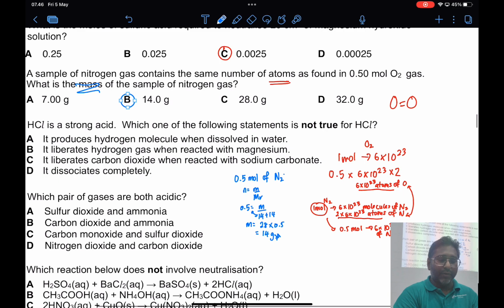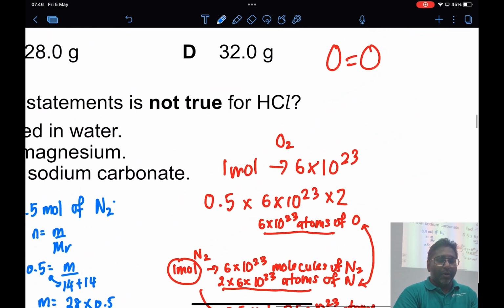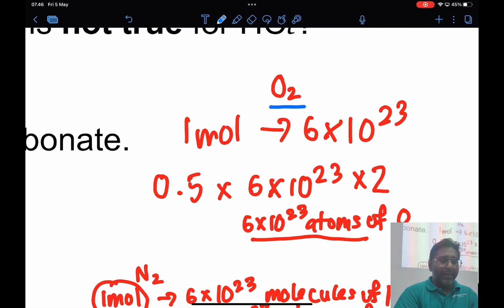For those who are still confused, I will repeat again. You see here, generally 1 mole of oxygen has 6 times 10 to the power of 23 molecules. If you are dealing with atoms, you need to times by 2.